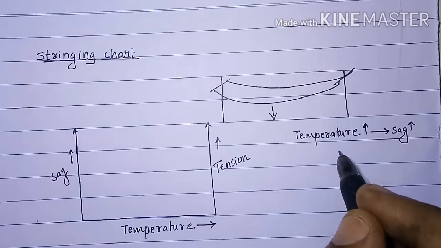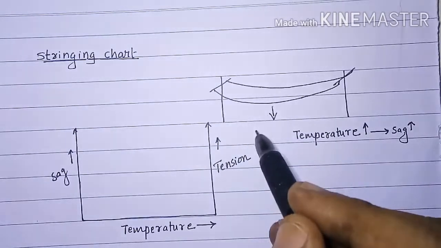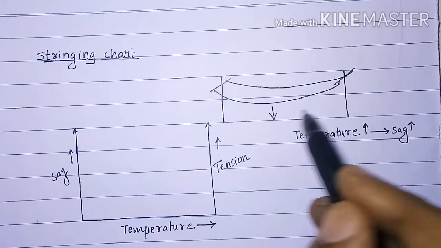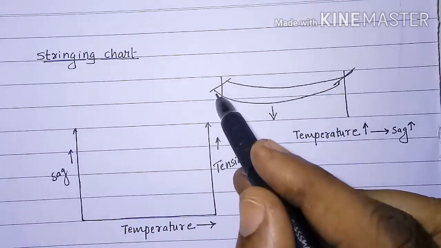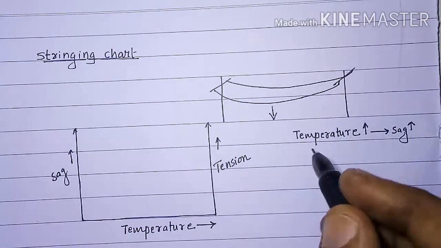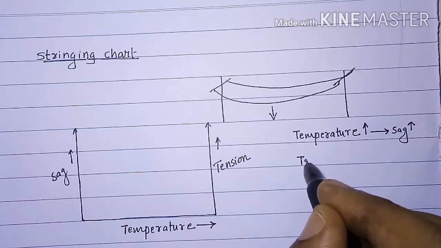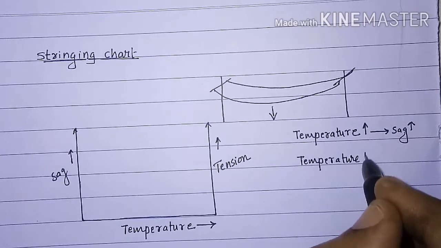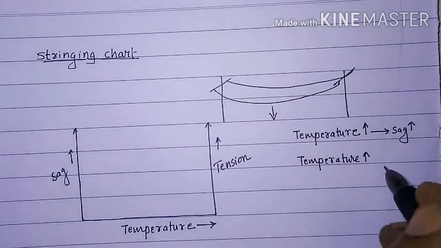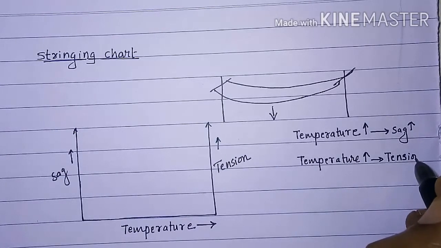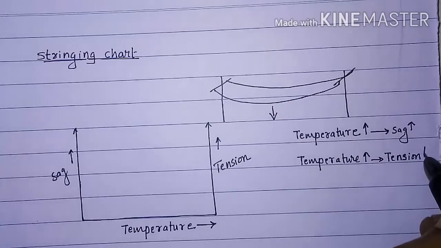When the sag increases, that is, a conductor is loosely lying between the supports, then there will be less tension at the supports, which means as temperature increases, tension decreases.